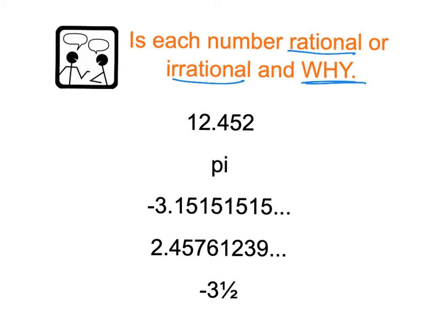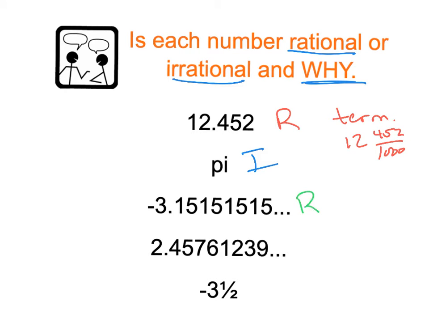So let's go through 12.452. This is rational because it is a terminating decimal. We can put 12 and then 452 thousandths into a decimal. Pi is irrational. It is non-terminating and non-repeating. Next one, negative 3.151515.